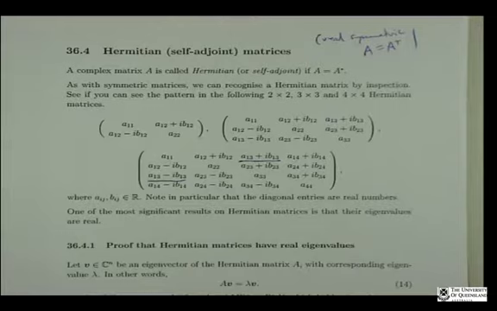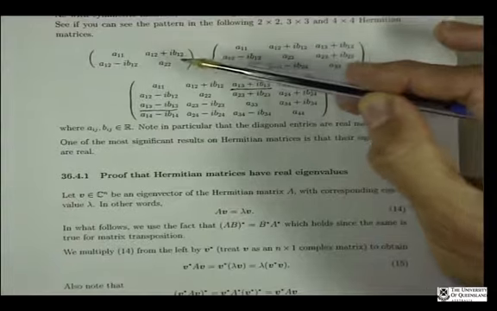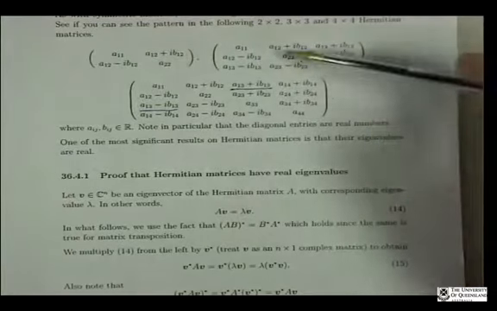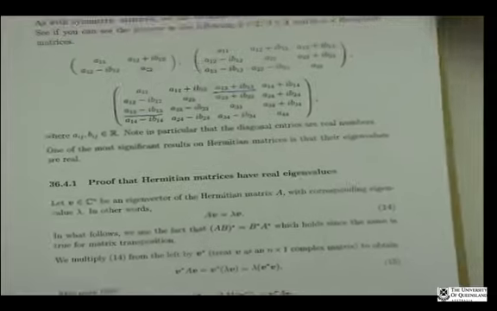All right, one of the most important results relating to Hermitian matrices is that their eigenvalues are real. And in fact, we'll just observe that in all of these examples, if I set all the b's equal to 0, we find that we've got the real symmetric matrices. That's telling us that the real symmetric matrices are actually a subset of the complex Hermitian matrices.